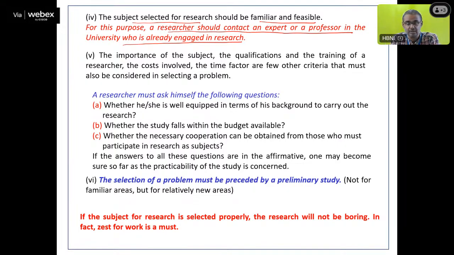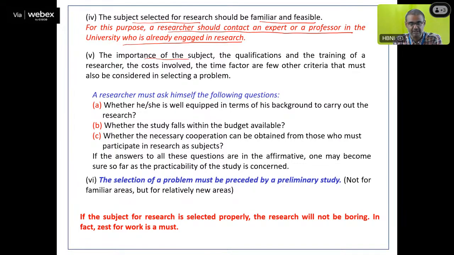So for that, you have to always discuss with your guide or other colleagues in your institute who can give a fair idea of what is available regarding the infrastructure, how much access you can get to other places or other institutes, and how much you should propose for your research problem. So that fair idea a new researcher should have before proposing his problem, so that he will have a way out to solve it.